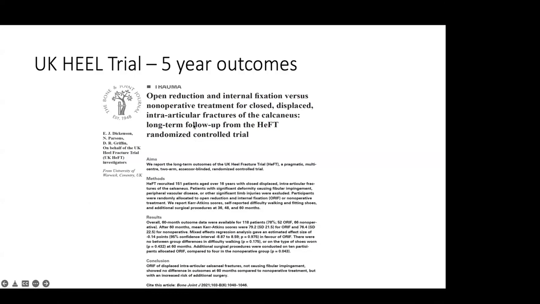And the intervention will be open reduction internal fixation versus the control, which is the non-operative management. And the outcome will be over 60 months analyzed through, which scoring is it, the Kerr-Atkins score, I believe.